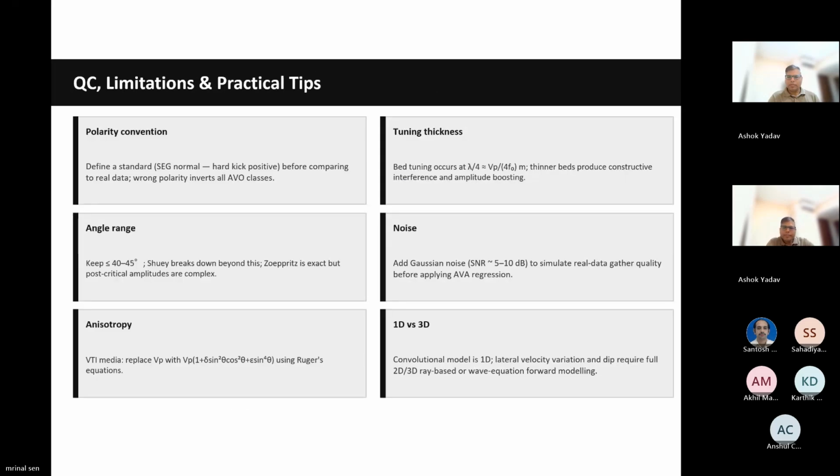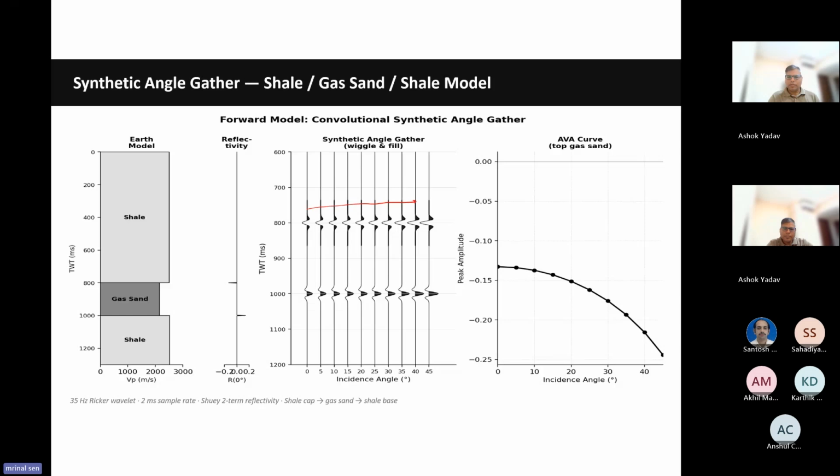So one of the things that you have to remember is polarity convention. Now, this is your American convention, negative contrast, or the drop in contrast, negative change in the impedance basically corresponds to negative polarity, but in European convention it's the other way around.